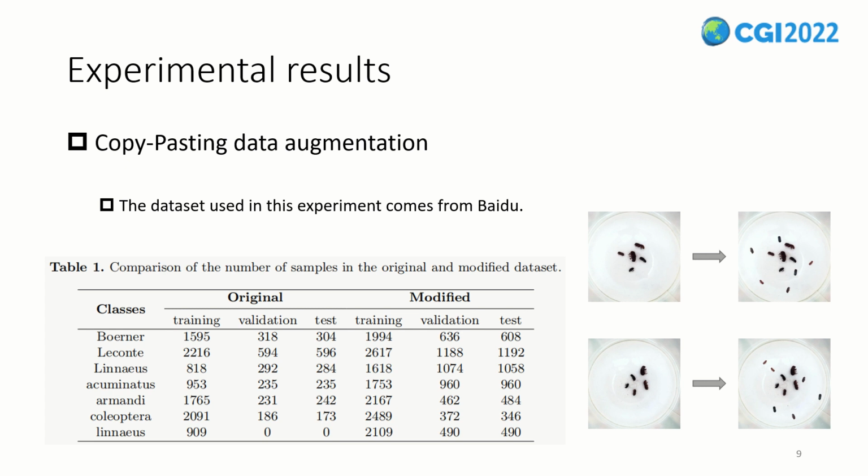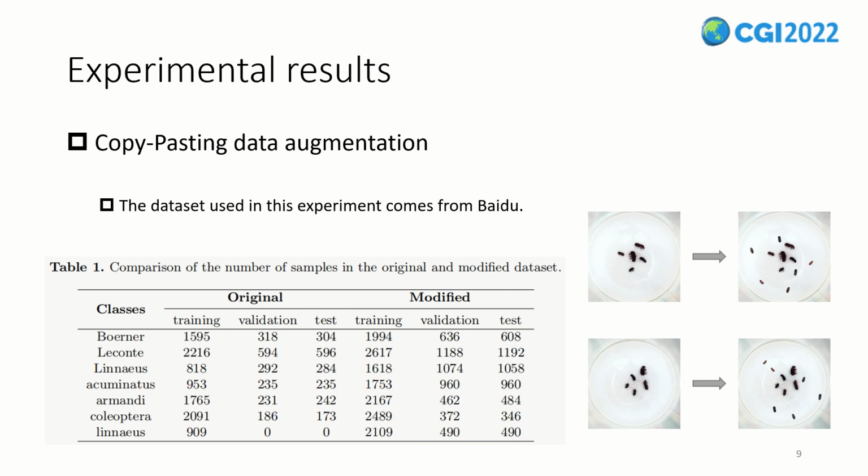Some categories in the original dataset are insufficient. This will cause the model to be more inclined to learn features of other targets during the training process, while targets with a smaller number of samples will have poor generalization.